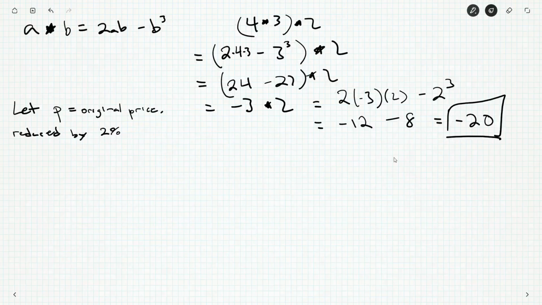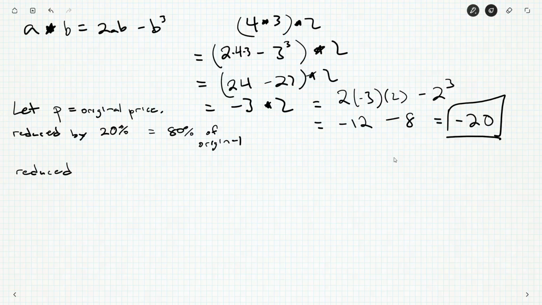That's the same thing as just 80% of the original. So the reduced price, we just have to track the price as we go. We get 80% of P, or another way to write that is 0.8P.